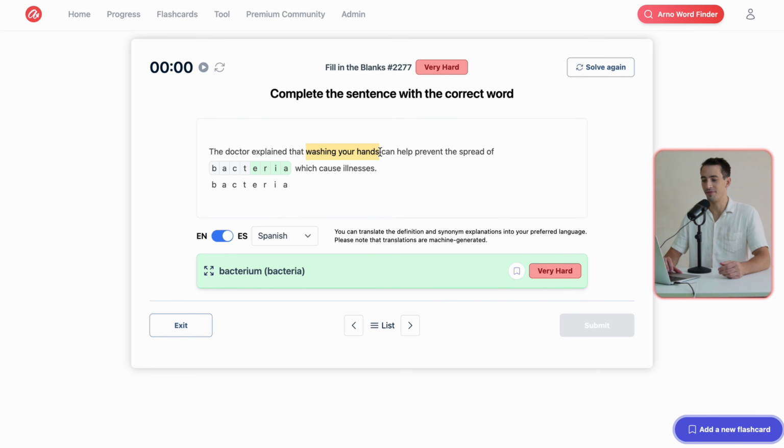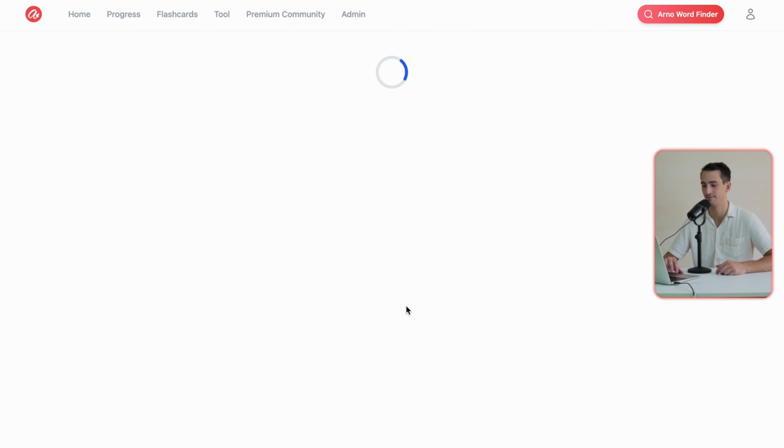So using those two clues, it was clear to me that the missing word was bacteria. And also, of course, I was given the first four letters, B-A-C-T. I don't know of another word in English that starts with B-A-C-T other than bacteria. So that enabled me to get the correct answer. All right, let's go to the next one.